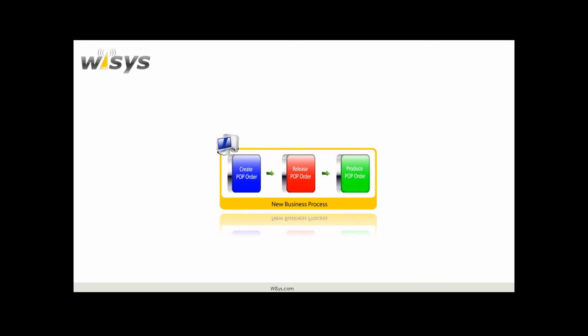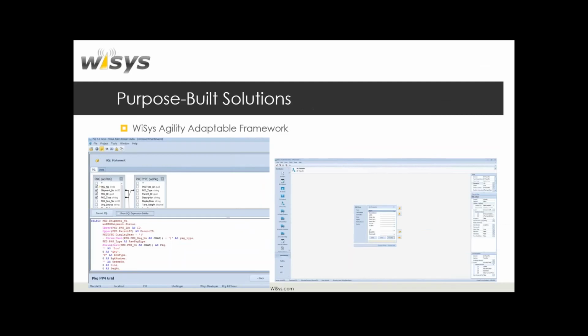Now, the last thing I want to talk about is what we call purpose-built solutions. The reason we have the adaptable framework, the tool sets that allow us to rapidly develop applications, is because we think that every customer needs to have unique applications.